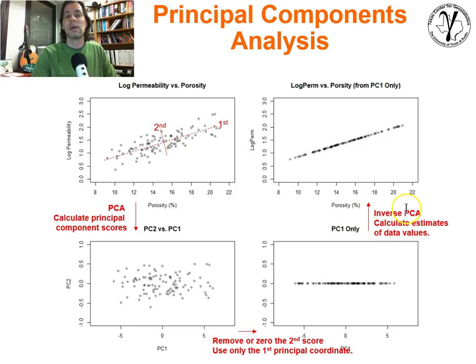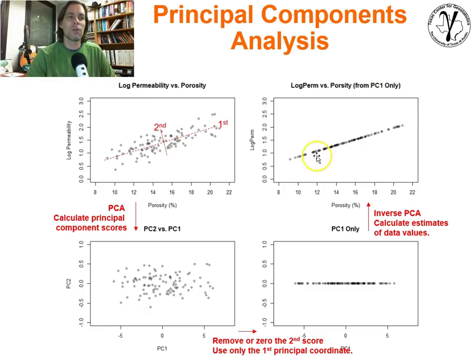We inverse the principal components by taking the principal component scores and doing the reverse, using the transpose of our V matrix with our component loadings. We would also recenter the data because we had to subtract the mean out, and if there was a rescaling we would account for that too.